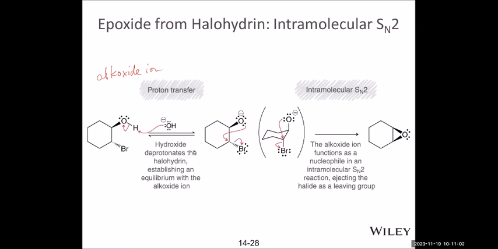Then this nucleophile will attack within the molecule. This reaction is intramolecular. It happens inside the molecule. In the intramolecular SN2 reaction, the lone pair electrons attack on the backside of the carbon, and the carbon-bromine bond dissociates. So this is an attack from the backside.